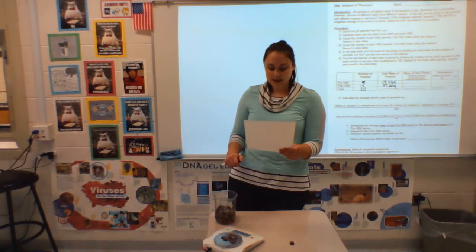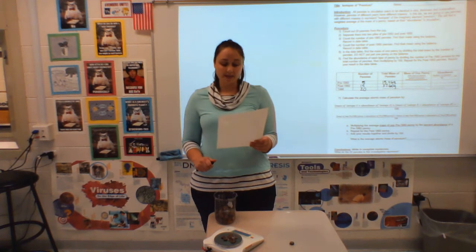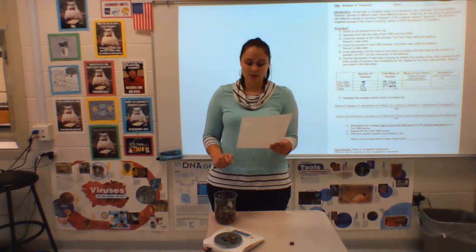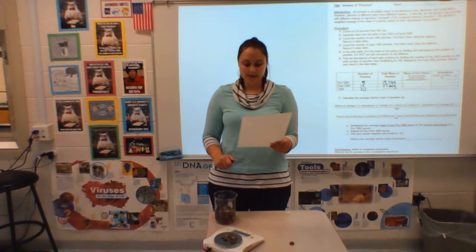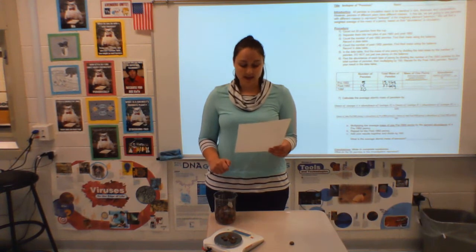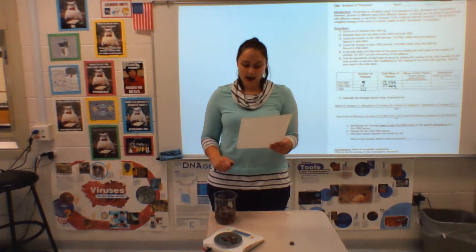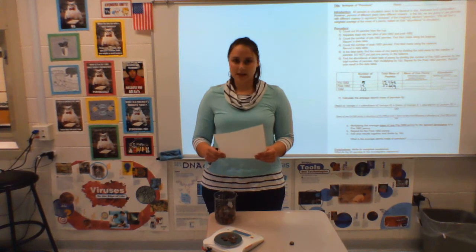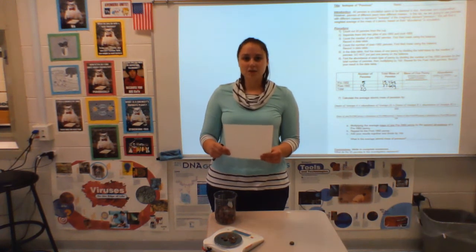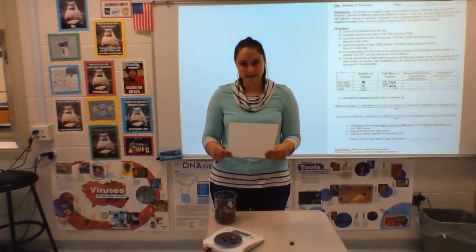Next, you'll repeat that step. You'll multiply the average mass of one post-1982 penny times the percent abundance of the post-1982 pennies. Then you add your results together and divide your answer by 100. You've got to follow order of operations here, or else you might get an incorrect answer. If you need help, your teacher will be happy to help you out.